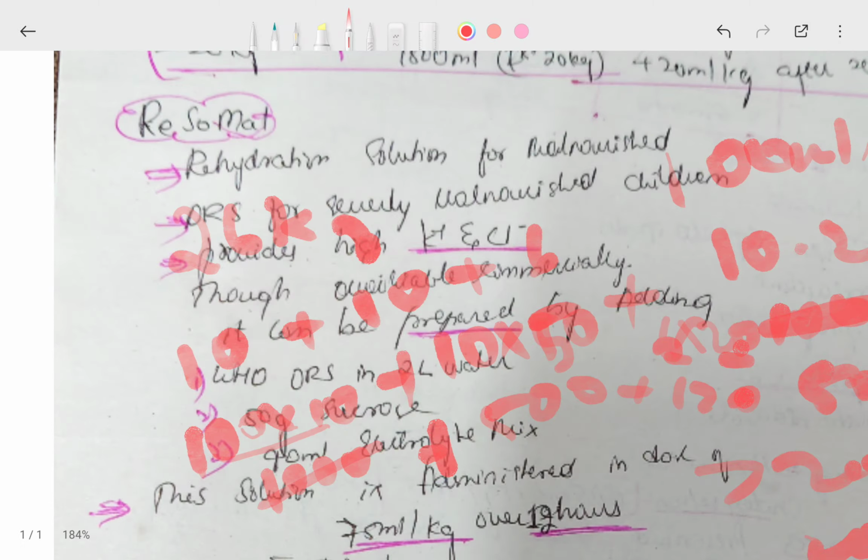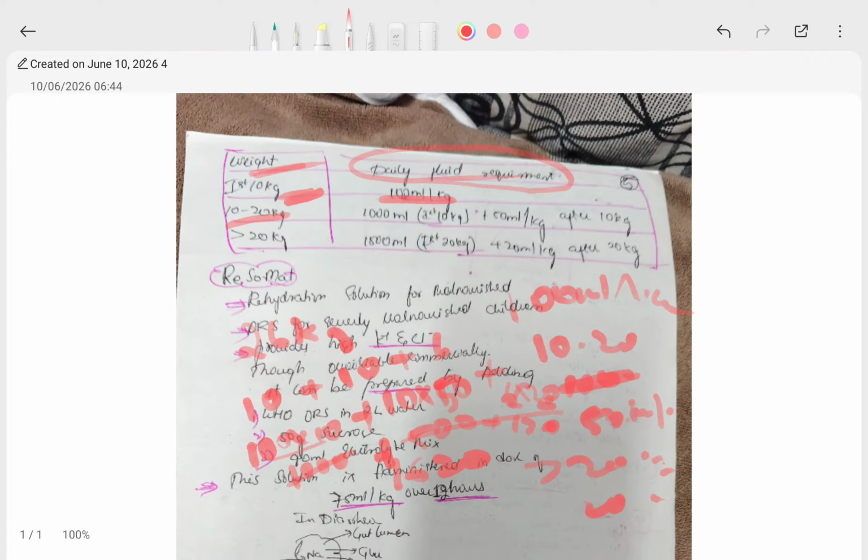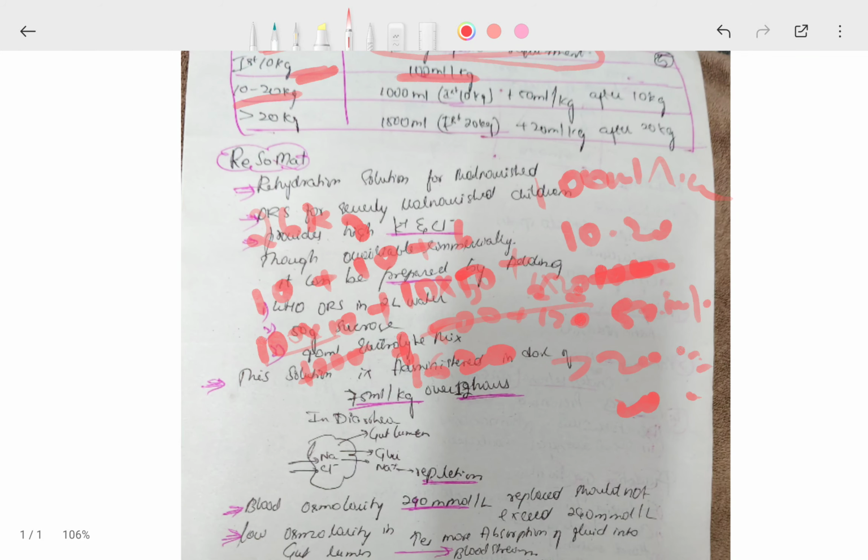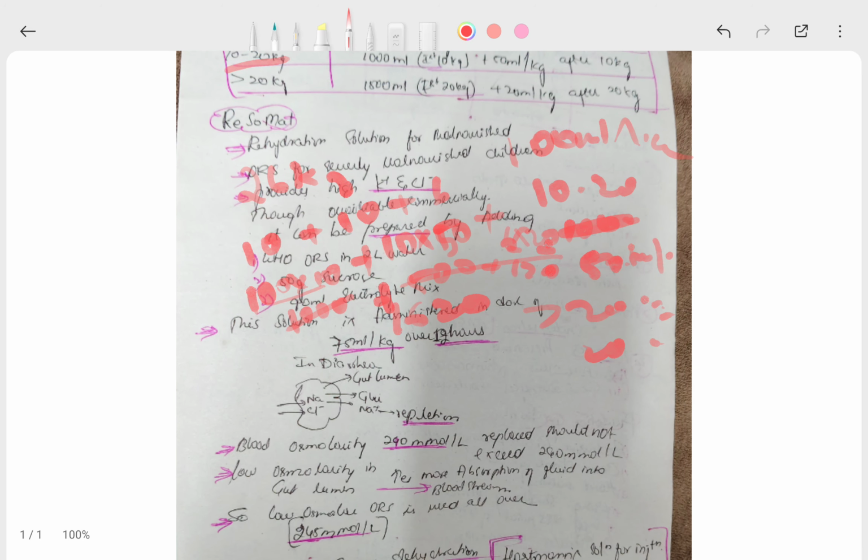So 1620 ml is the daily fluid requirement for a 26 kg child. This is how you will calculate the daily fluid requirement using the Holliday-Segar formula.